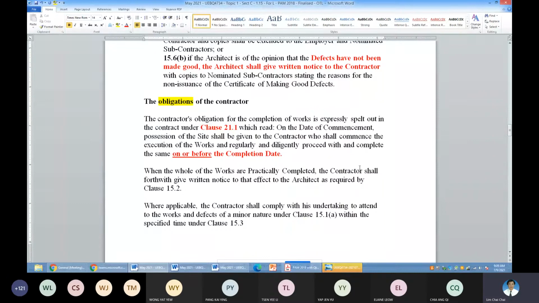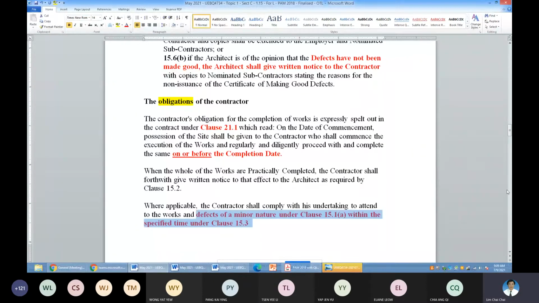And then you must finish the whole of the work to ensure that you comply with the specifications and any other requirement upon the testing and so on. So there are defects that need to be complied with within the time frame.